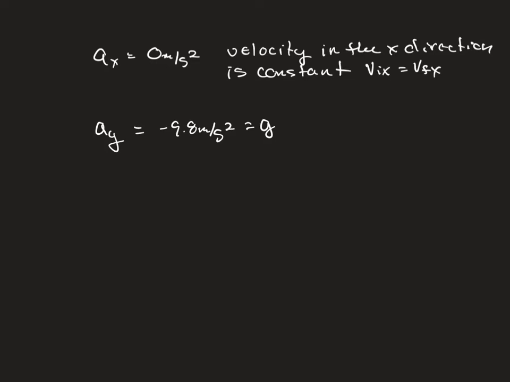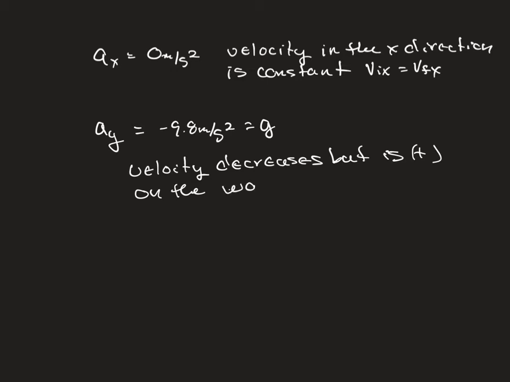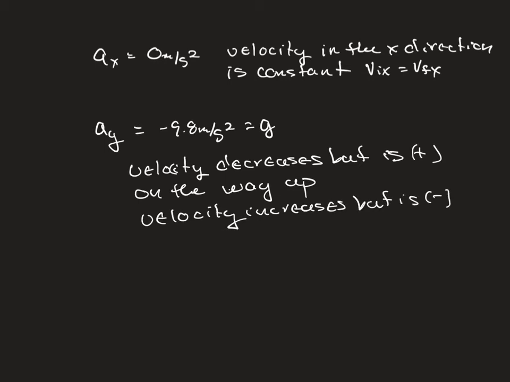So this means that the velocity decreases, but is positive on the way up, and the velocity increases but is negative on the way down.